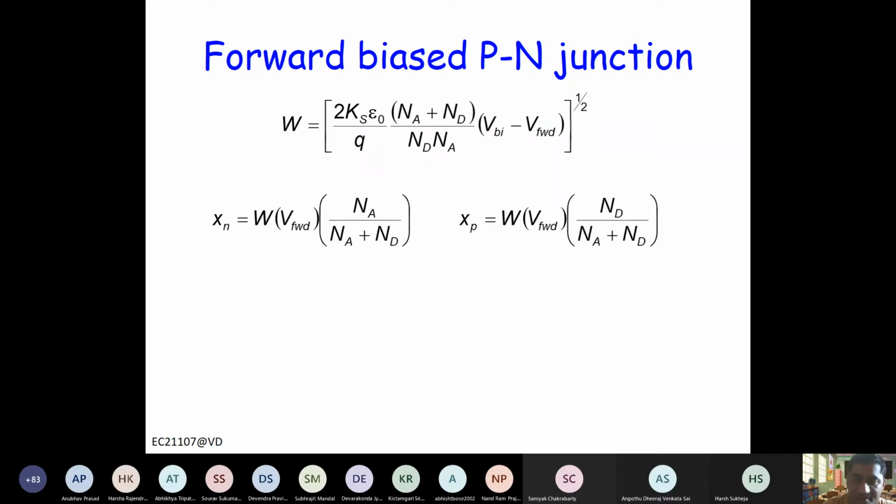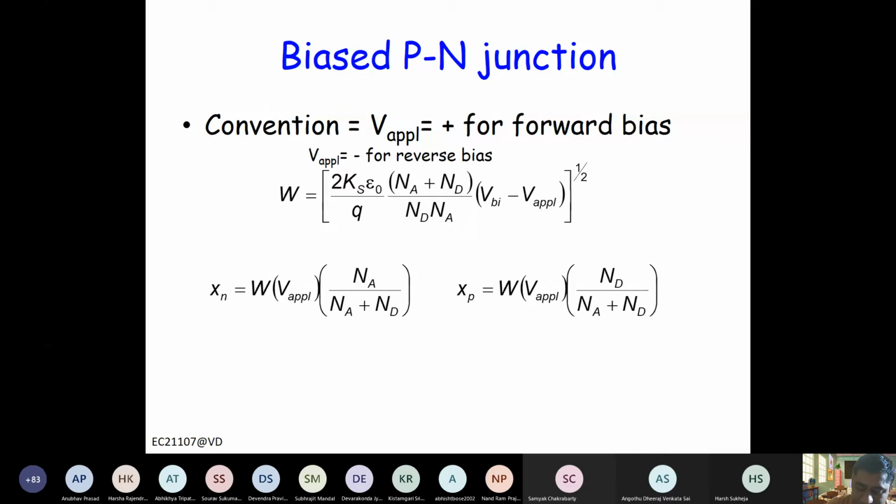The only difference is we will write V built-in minus applied voltage. So we can write a general expression where W depends on V built-in minus V applied, where V applied is positive for forward bias. So this decreases.